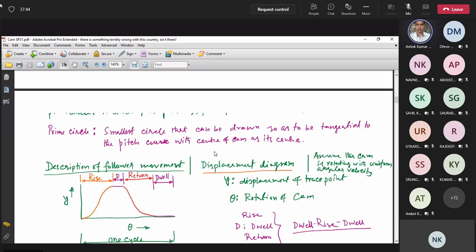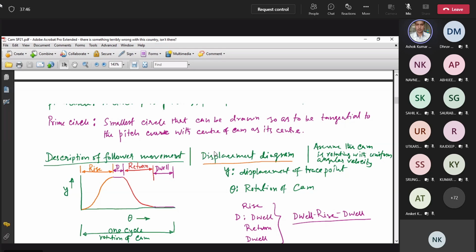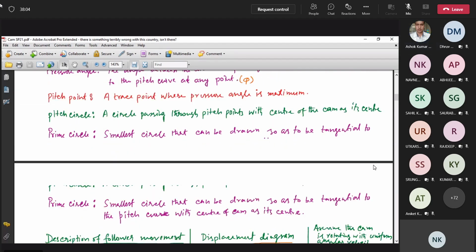We must now discuss the description of follower movement, which is called the displacement diagram. Generally, when we analyze this kind of system, we'll assume that the cam rotates with uniform angular velocity.